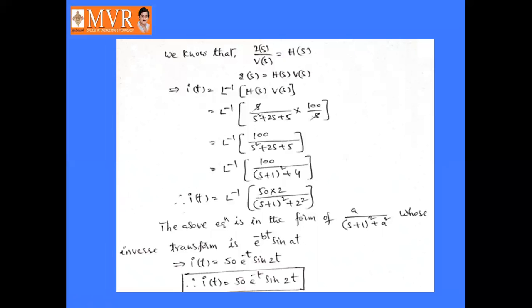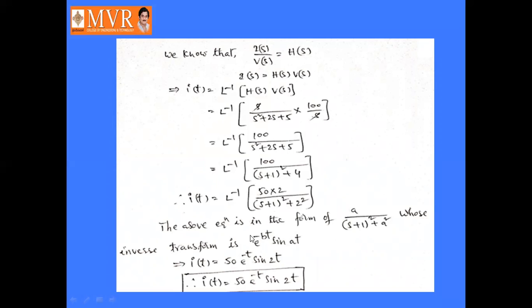So s and s get cancelled, and it becomes 100 by (s square plus 2s plus 5), or the inverse Laplace transform of 100 by ((s plus 1) whole square plus 4). So that is 50 into 2 by ((s plus 1) whole square plus 2 square). It is in the form of a by ((s plus b) whole square plus a square), whose inverse transform is e power minus bt into sin at.